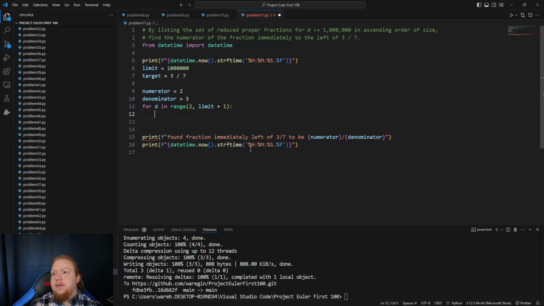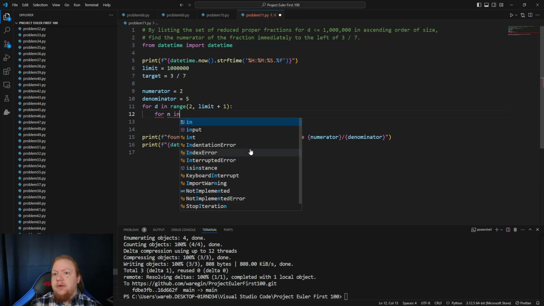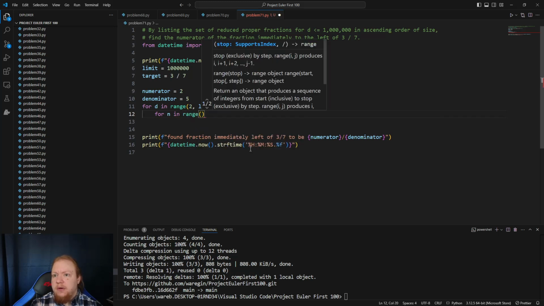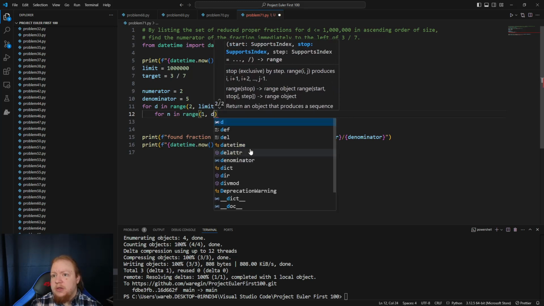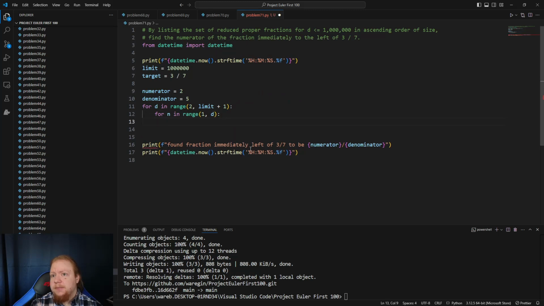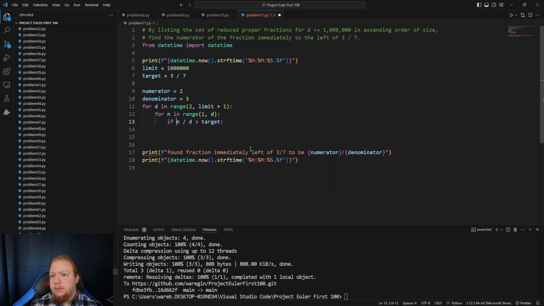Then for n in range 1 to d, if n divided by d is greater than target, then break.